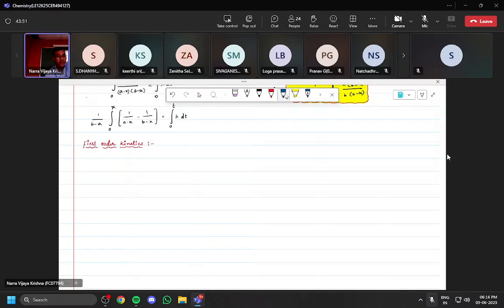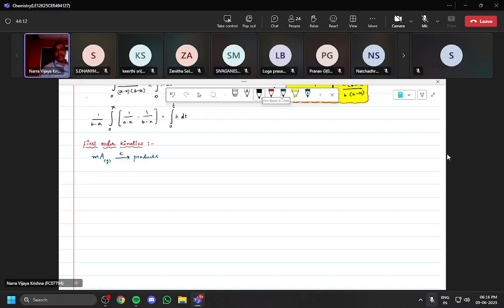If I write a reaction in this way, mA gives rise to products. Rate constant k follows first order kinetics. Then what is the rate constant k equation?